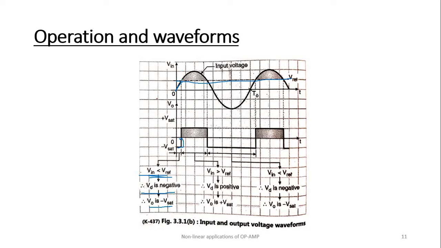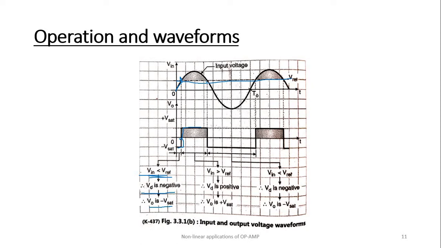Now after this point, Vin is greater than V reference. V reference is constant, but Vin is an AC quantity. Vin increases above the V reference, so Vd becomes positive and the output voltage becomes positive saturation up to this point.